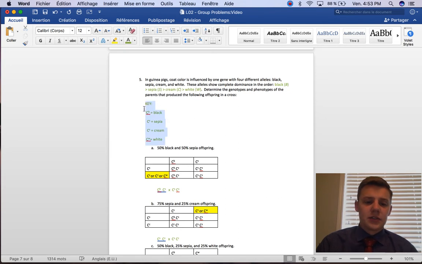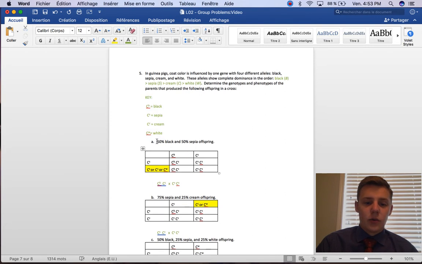And here's my answer key, so you can follow me. We're trying to solve for 50% black and 50% SEPA. The cool part is we can have many answers. All we need is a black genotype right there, as well as a SEPA genotype right there, and then we just need a SEPA genotype right here.